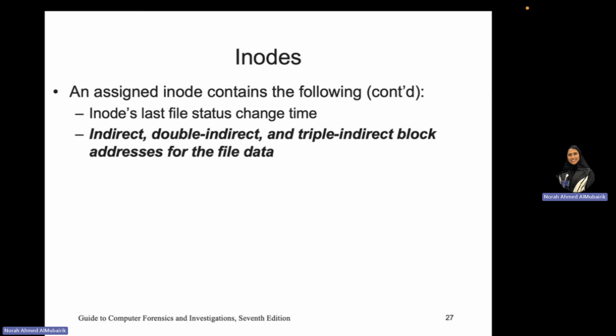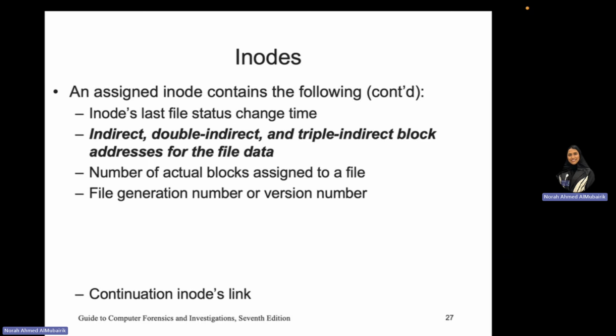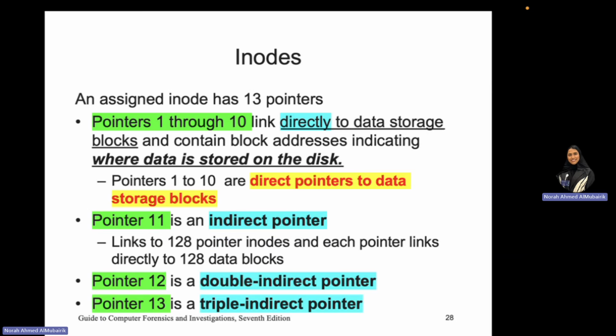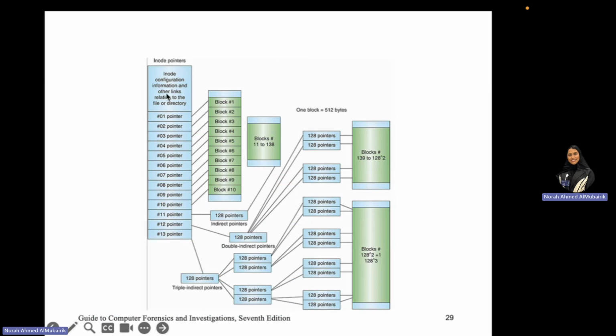I will go to slide 28 and then go back to slide 27. So let's go back to this slide. Okay, this is a visual one. So actually in the inode, we have 13 pointers that store information about files, not the data.